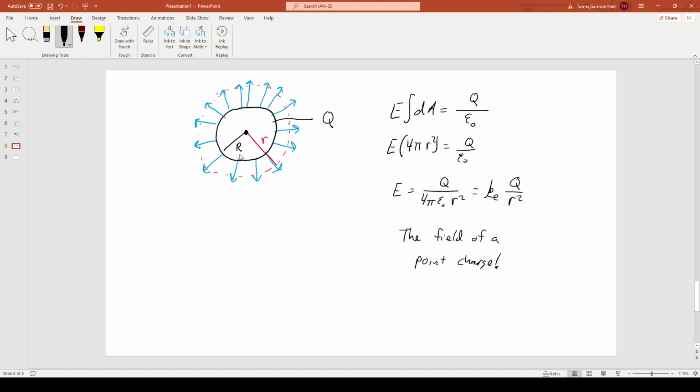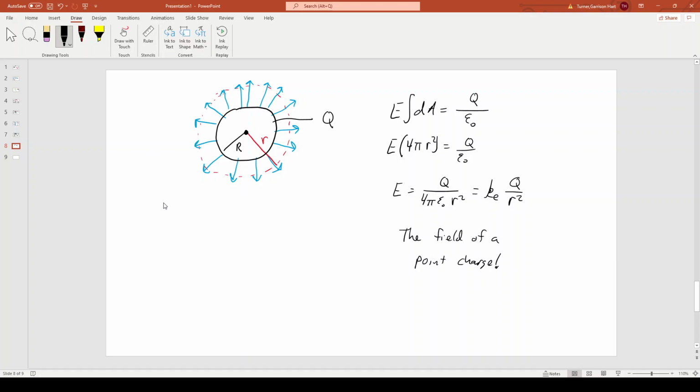So if you think of all of that charge Q condensed down to the center of the charged sphere and of the Gaussian sphere, then these two electric fields give us the same exact result. A point charge and that same amount of charge smeared over a spherical surface give us the same value of the electric field. Okay? Now, here's a point to drive home.